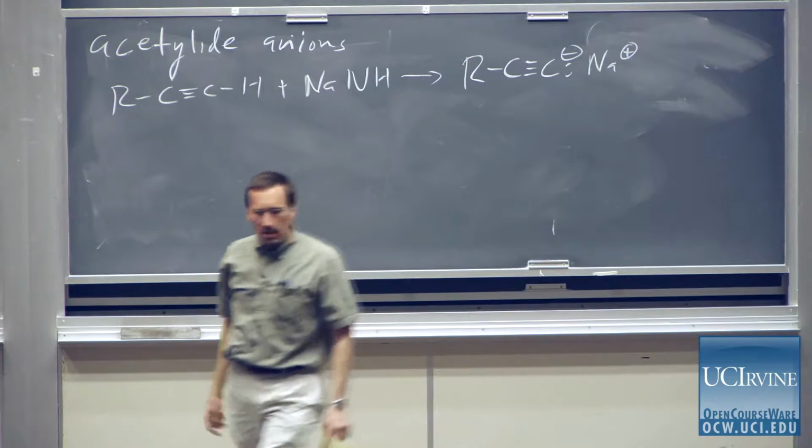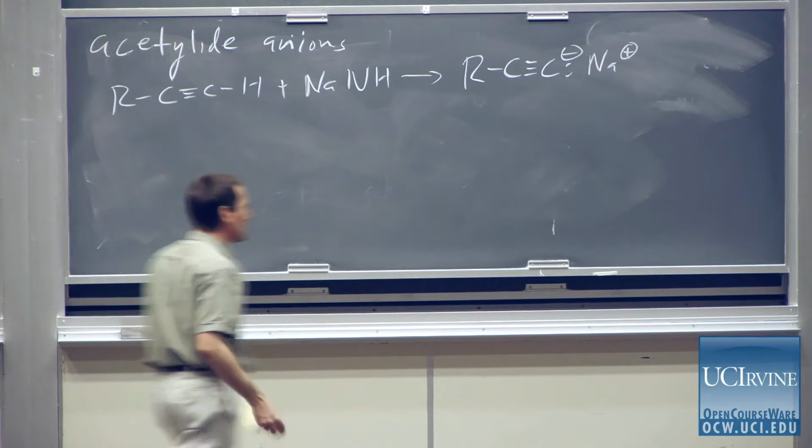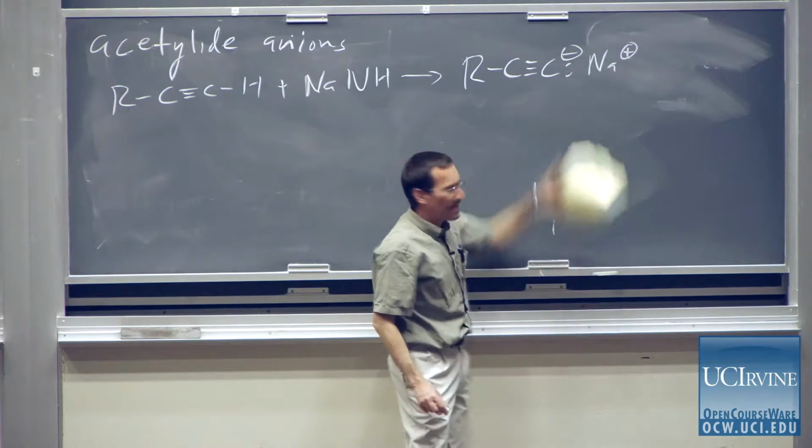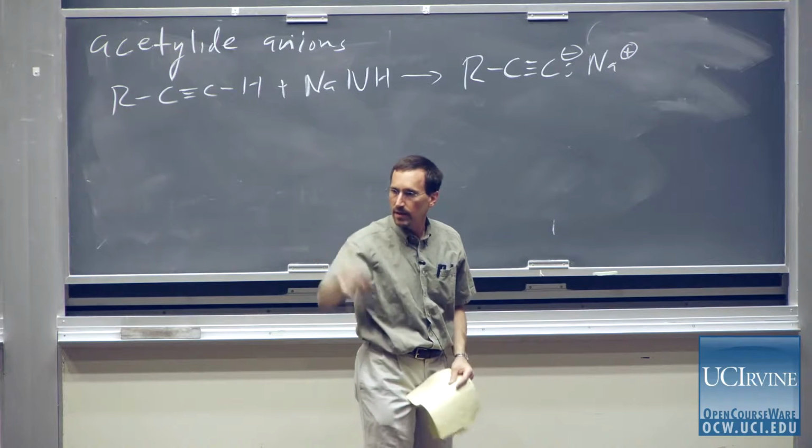Now, sodium's a little more electropositive than lithium. Lithium has an electronegativity of 1, sodium of 0.9. By the point you get to organosodium reagents, they're pretty ionic in the bond. So I generally think of these as ionic.